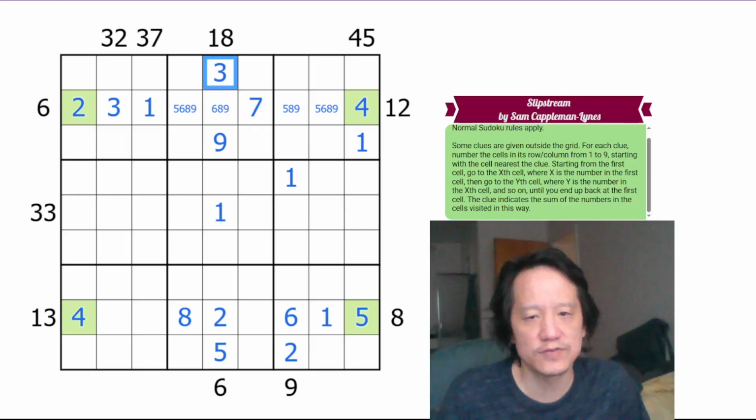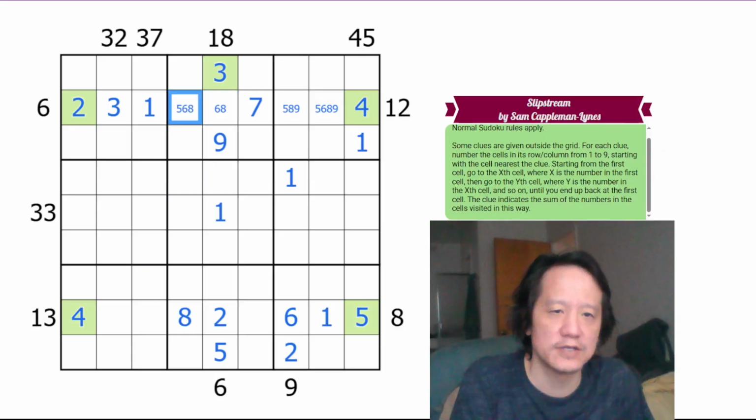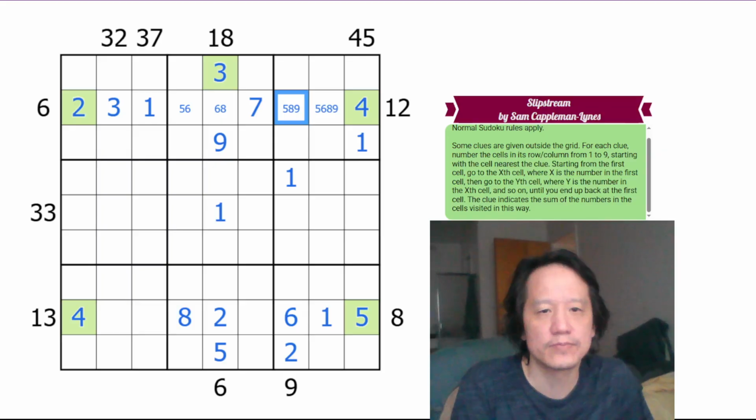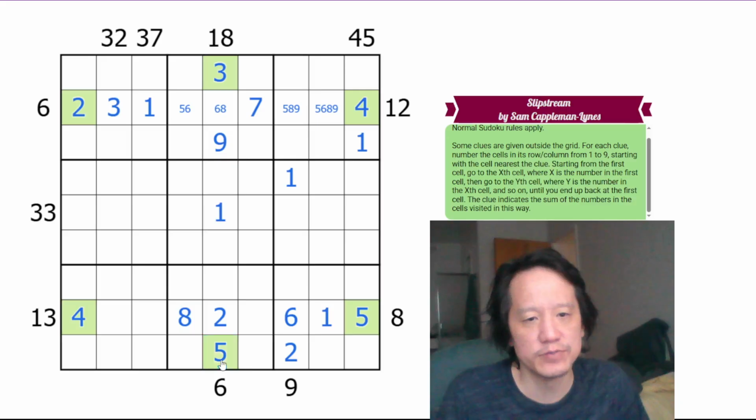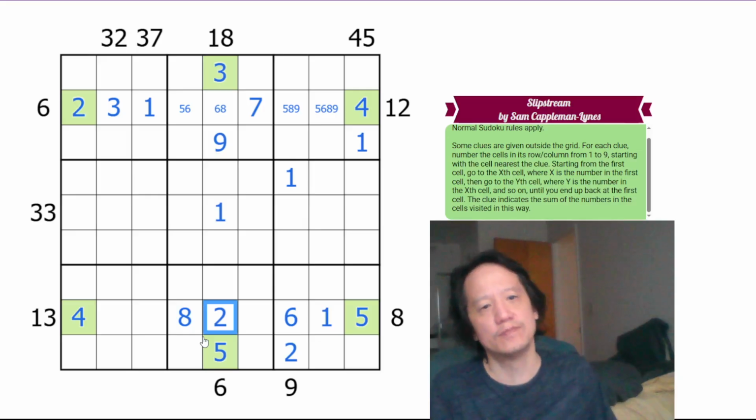So this is satisfied. That means 9 cannot appear in the rest of the box. 8 can't be here because of the 8 in the column. Okay, so this is satisfied. This should be satisfied too because it points to the fifth one, which points back to the 1. And it can't be 3 because that would be 3 and 1 back and forth, and that would be 4.